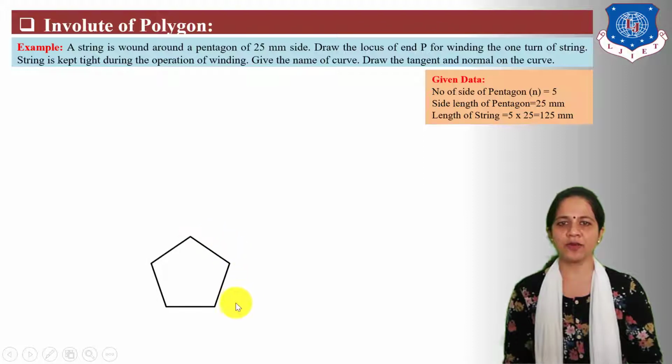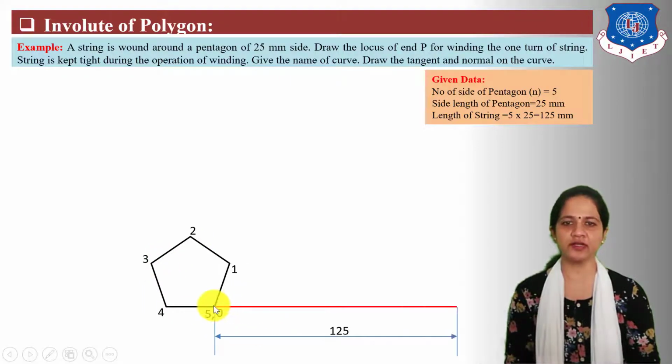Next, draw the pentagon using the angle method. Angle between two sides in a pentagon is 108 degrees, which we already learned in the introduction chapter. Next, mark points on the pentagon as 0, 1, 2, 3, 4 and 5.